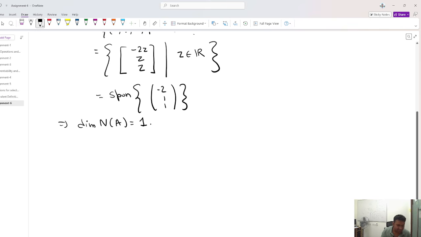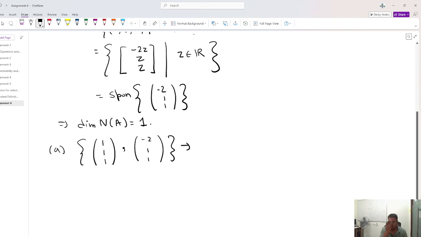So what is your A part? You have to see which one of these will give you a basis. So part A, the vectors 1, 1, 1 and minus 2, 1, 1. Can this be a basis? If it is a basis, then what should be the cardinality of this? 1. Is it true? No. In fact, you observe this.